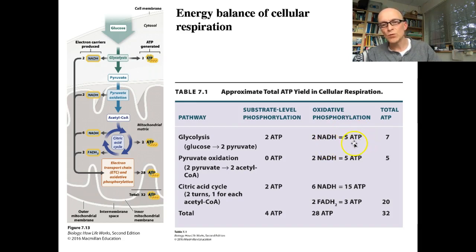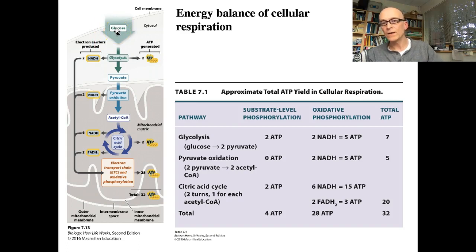So this is sort of the conversion rate, if you will. Here's your sum. You can take a look at the total, 32 in the end. That is oxidative phosphorylation, and that is the end of our pathway here, where we are breaking down glucose with the use of oxygen to produce ATP.